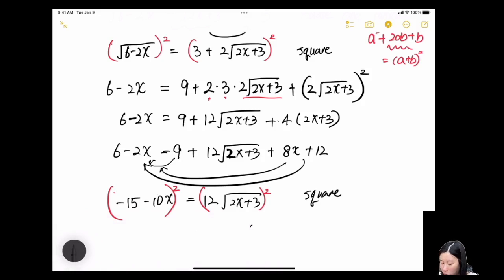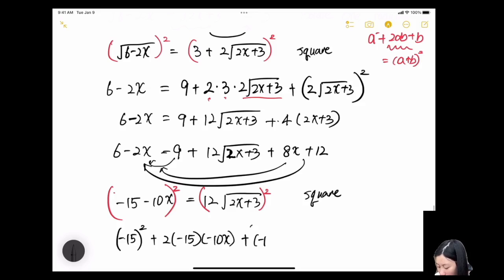So by the perfect square, here should equal a squared plus 2 times a times b, and then plus b squared equals 144, because 12 squared equals 144, times 2x plus 3.